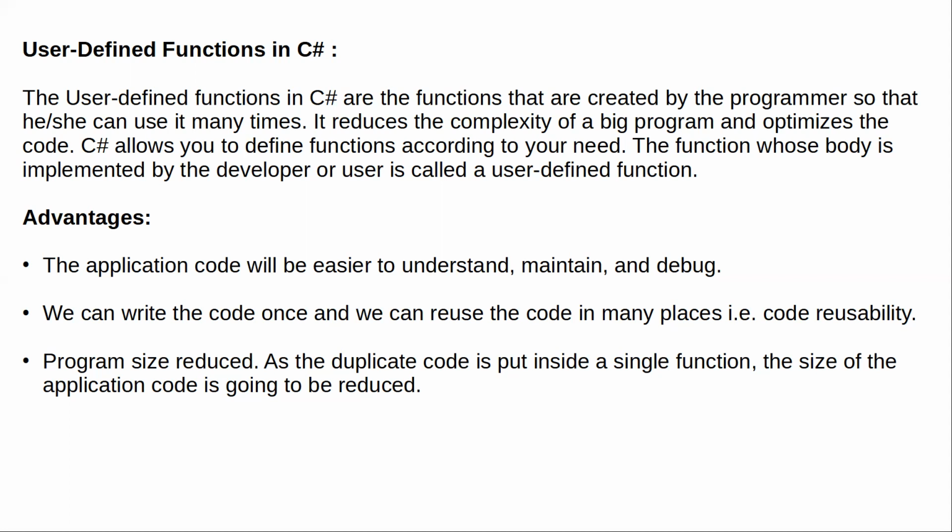Okay, and one more advantage of user defined functions is this. If everything is in the main program, all the variables are going to be available in the main memory. But if you define variables within a function, then when the program starts, the variables you declare in the functions won't be uploaded into the main memory.